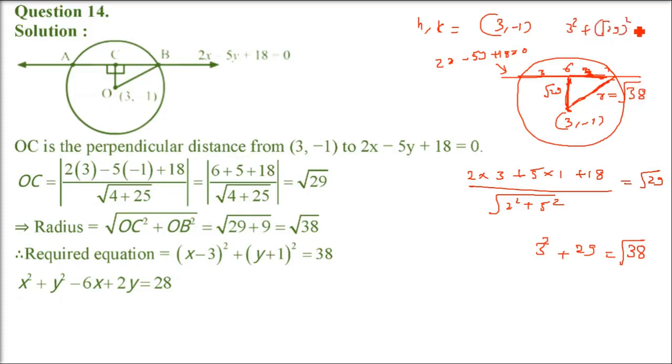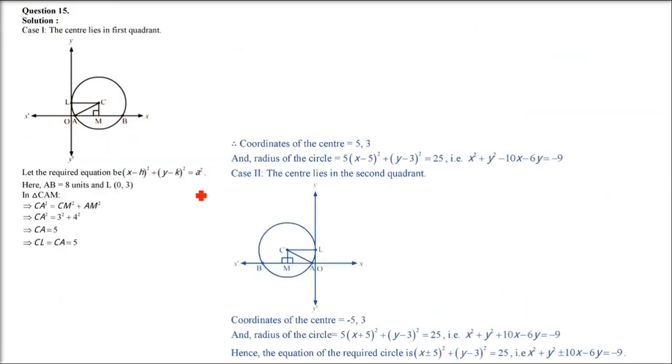What I did is 3 square plus (under root 29) whole square equals R square. That is how I got R square. The center we already know, so (x minus 3) whole square plus (y plus 1) whole square equals 38. When you open this, this is the equation.